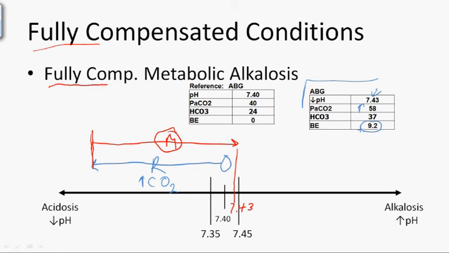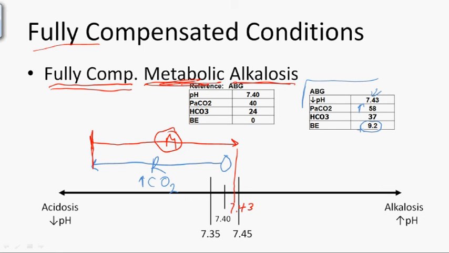That's why I'm calling this a fully compensated metabolic alkalosis, because the body is never going to overcorrect. So because this metabolic vector is slightly longer, I'm going to call it primarily a metabolic condition.